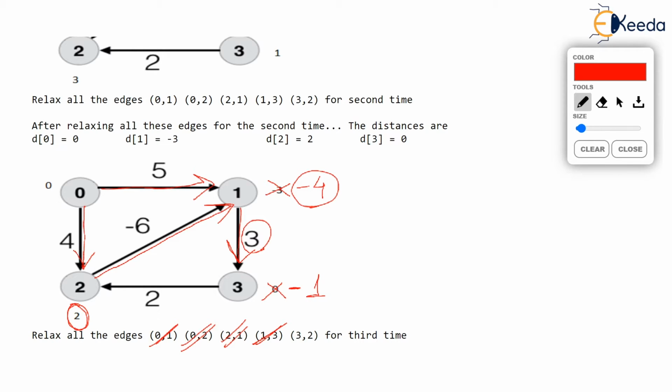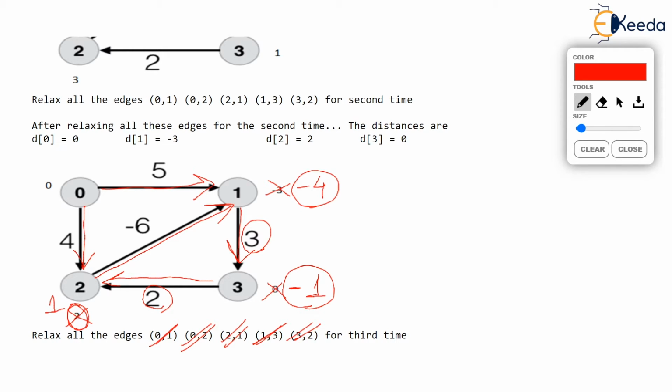We got lesser distance. And finally 3, comma 2, the last edge, will be minus 1 plus 2, which will be 1. And you observe vertex 2 is at distance of 2, it has got lesser distance now, which is 1.